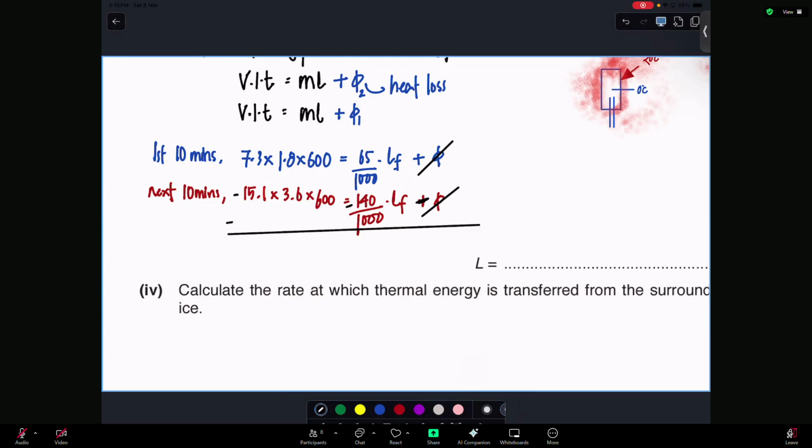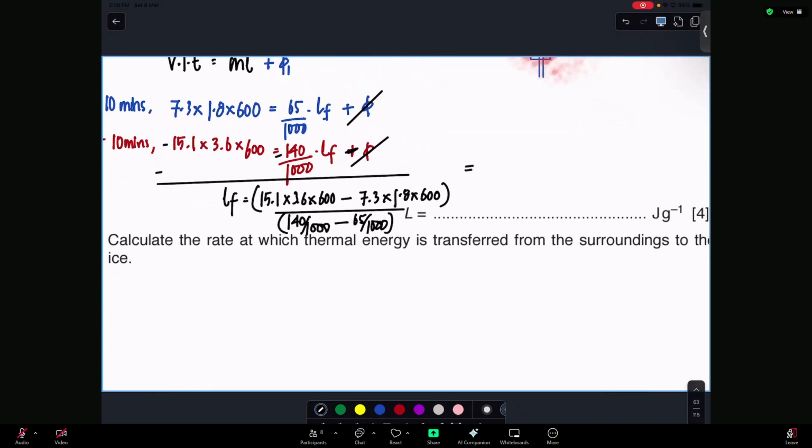So anyways, doing the math here will give a value of LF. So LF should be equal to 15.1 into 3.6 into 600 minus 7.3 into 1.8 into 600, I think that one, divided by 140 divided by 1000 minus 65 divided by 1000. What comes out should be the answer.